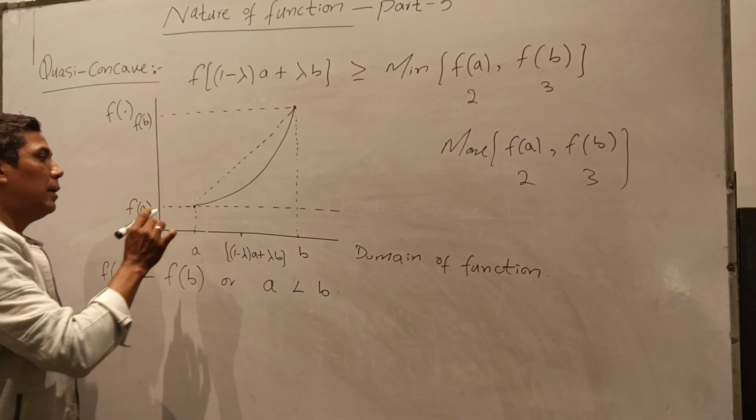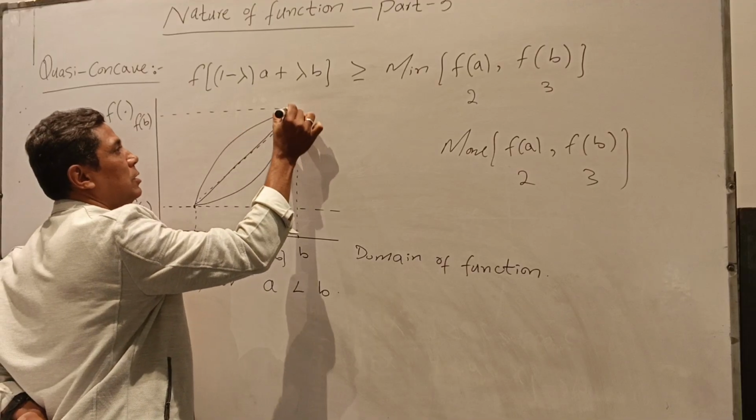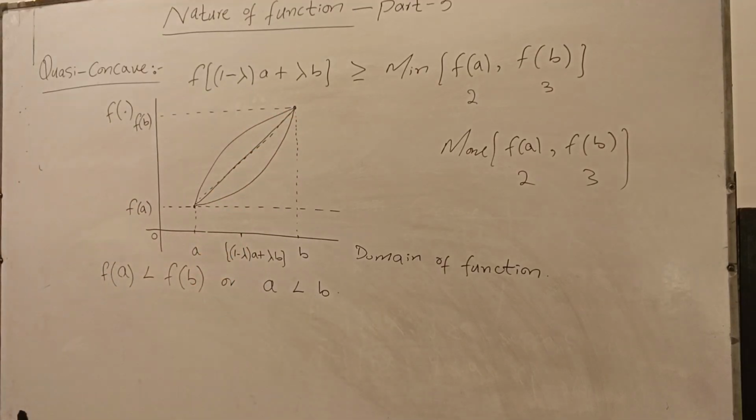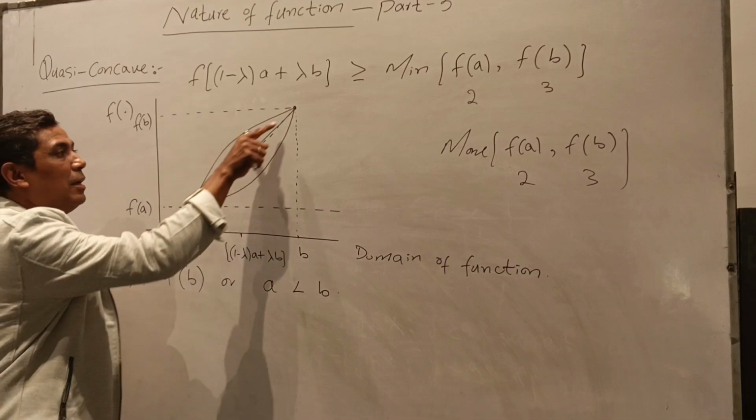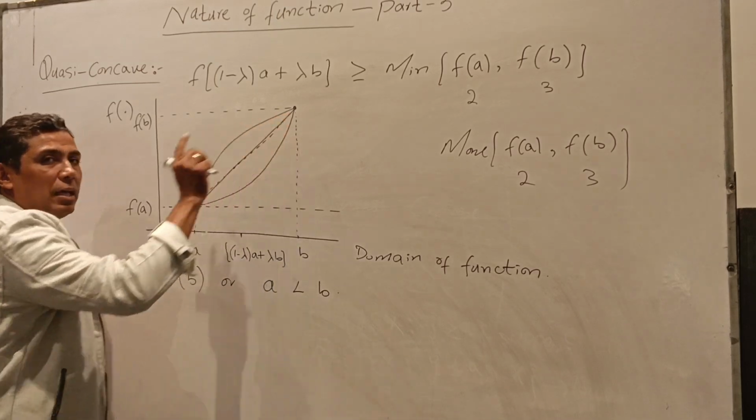Yes. Clear? And all values move in this direction. They are greater than or equal to this one. Clear? So what you have concluded here, if you have a quasi-concave function, clear? Initially it may be linear, it may be convex, it may be concave.